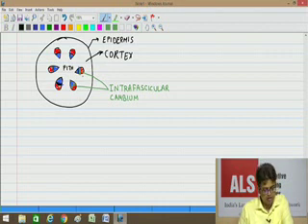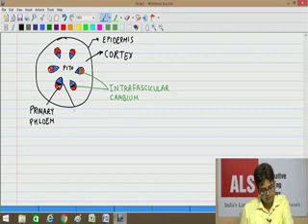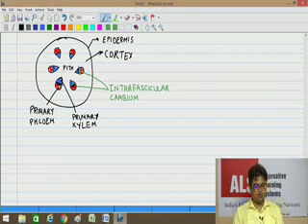This is the primary phloem, primary xylem.